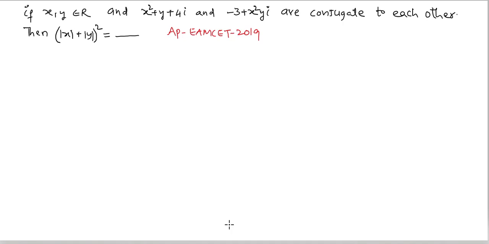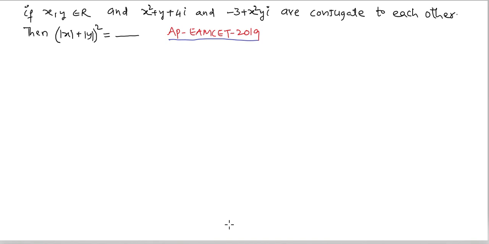If x, y belong to R and x² + y + 4i and −3 + x²y i are conjugate to each other, then (|x| + |y|)² is equal to dash. APM set 2019 question.